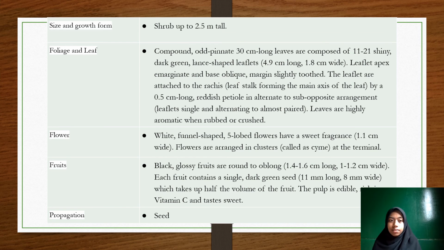And this is the characteristic of pokok kari. This is the size and growth form. The pokok kari is a shrub up to 2.5 meters tall, and the foliage and leaf, flower, fruits, and propagation is through seed.